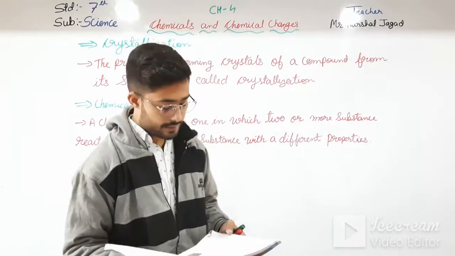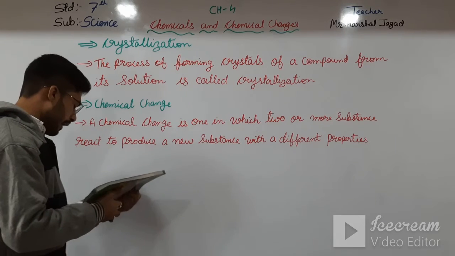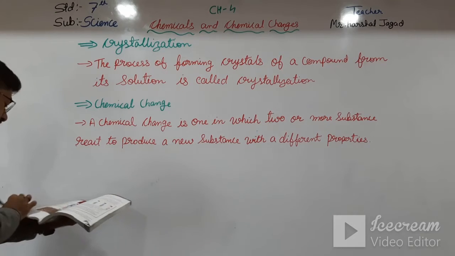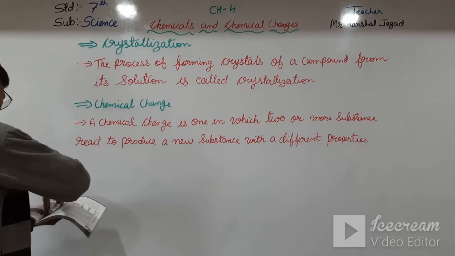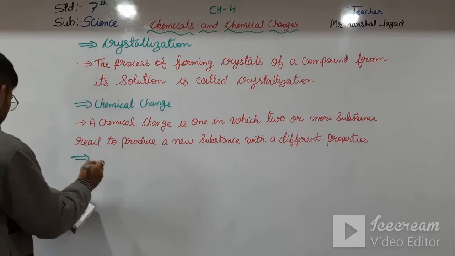Let us discuss some examples of chemical changes occurring around us. See here, first is reddish brown deposit on iron objects. We know that in iron there is rusting. How is it rusting? Let us see that.